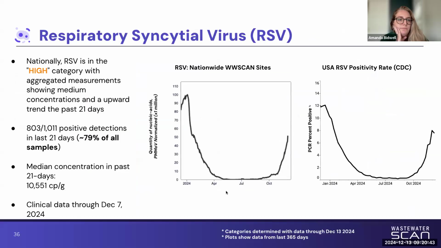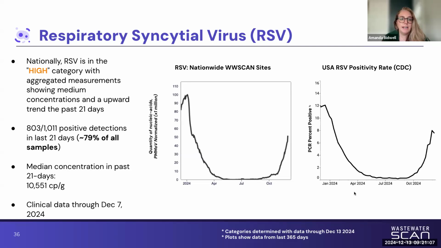Next slide. So as I mentioned, I'm going to go into RSV a little bit more. We're kind of at the start of RSV season, and we're currently in the high wastewater category. So these two plots on the left, you see the national aggregated line for all of the WastewaterSCAN sites. And then on the right, you see the current positivity rates with data pulled from the CDC yesterday.